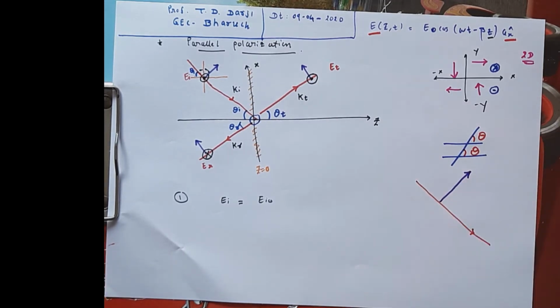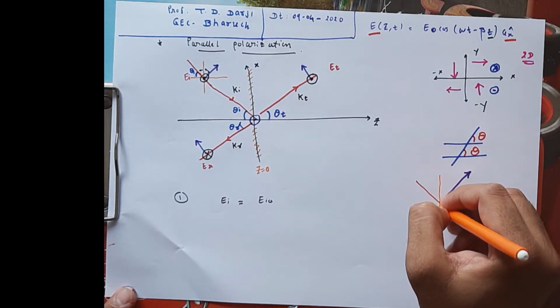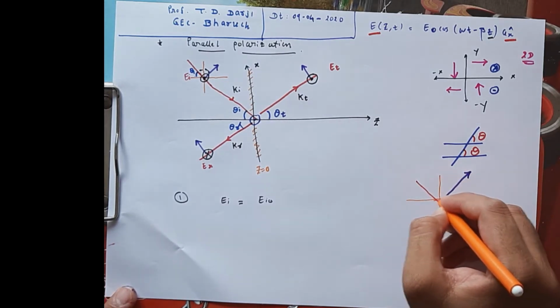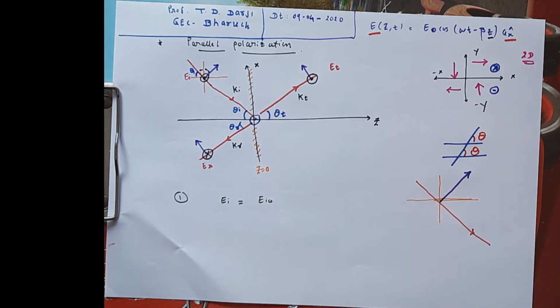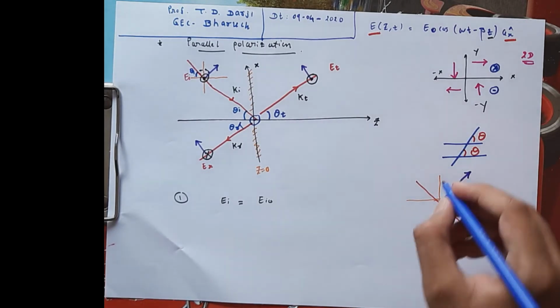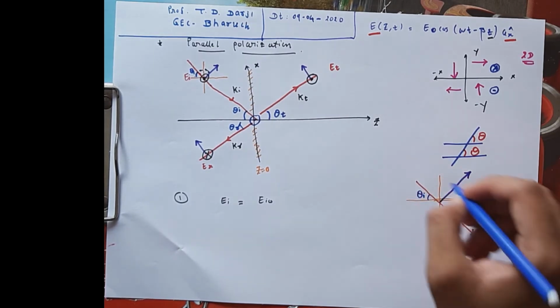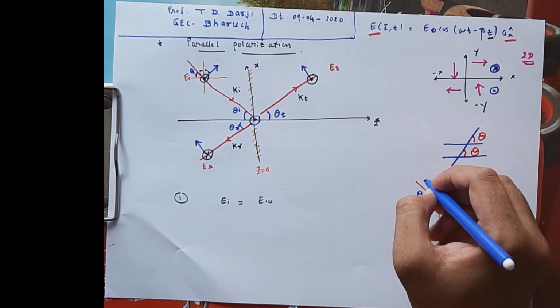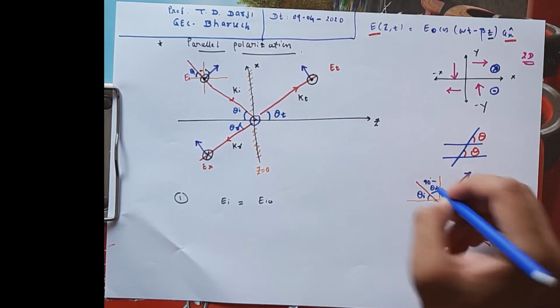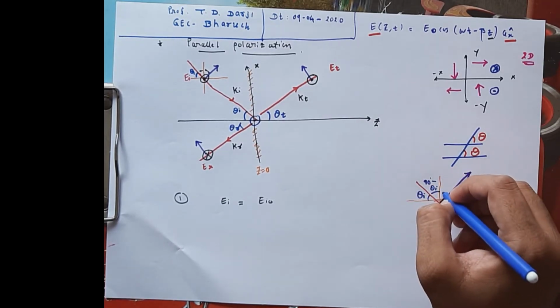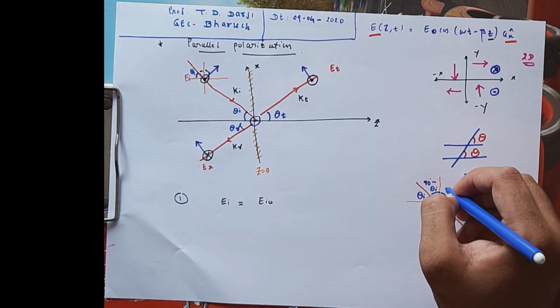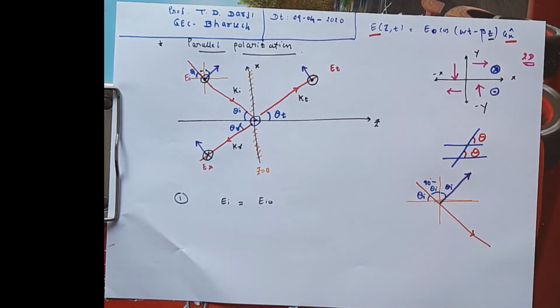Now here, which angle is this? Theta I. This angle is 90 degree minus theta I. If it is 90 degree minus theta I, then this one is 90 degree minus (90 minus theta I), so this is again theta I.